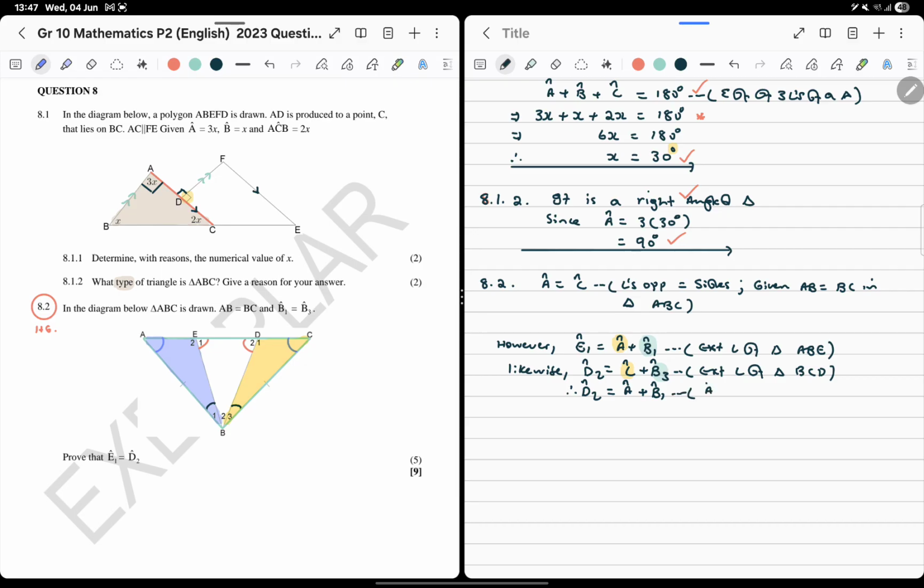We know that A is equal to C, and we saw that B1 was equal to B3 as well. We can say therefore this angle E1 is equal to angle D2. Nice and easy. So we will see that each is equal to angle A plus B1.